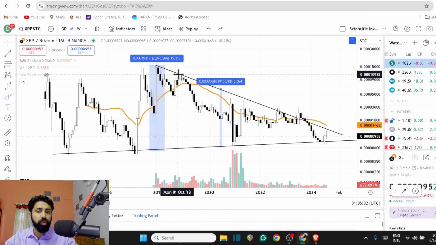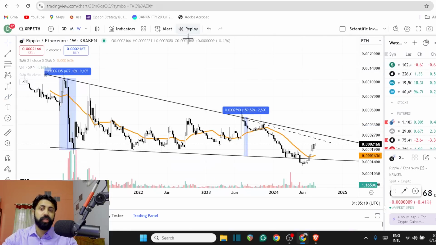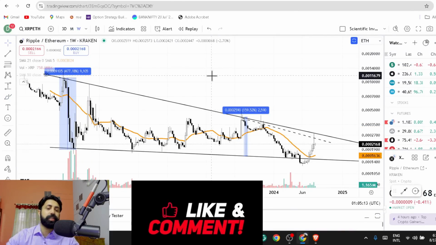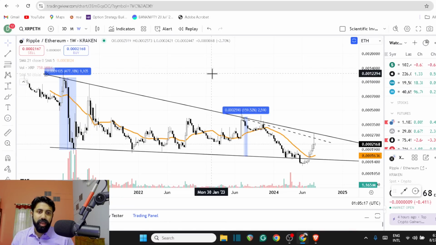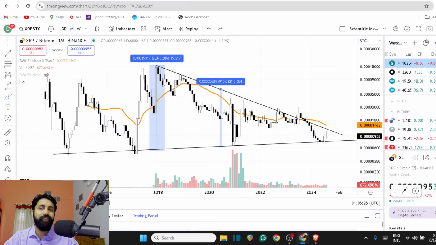Can we do a 20, 30x from here? Is that a possibility? If you want to compare that, you go into Ether and compare XRP against it. When you see the results in dollar terms are almost close from all of these analyses, there's only one factor left. That's the entire market.